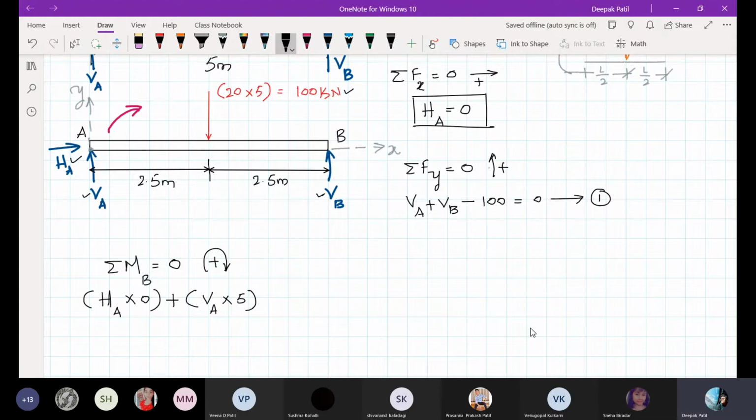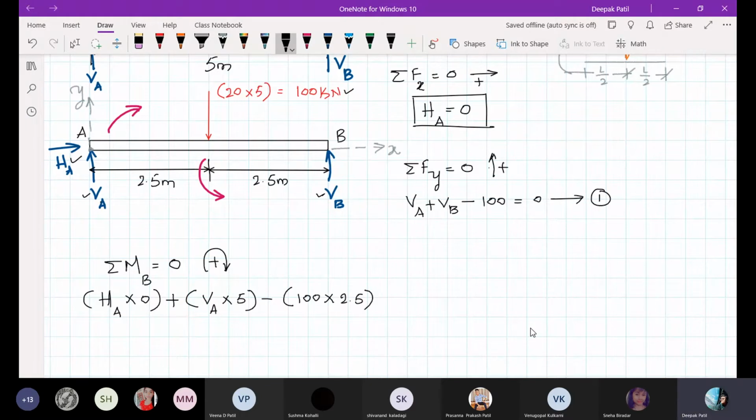Now coming to this 100. The 100 at B will cause an anti-clockwise moment, so I should take it as minus. The magnitude of the force is 100 and the perpendicular distance is 2.5.